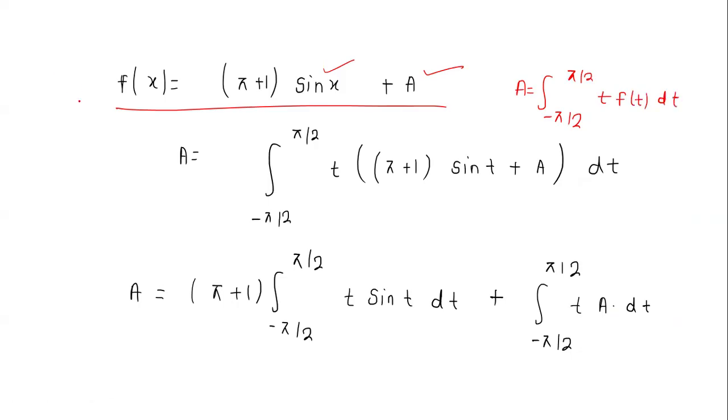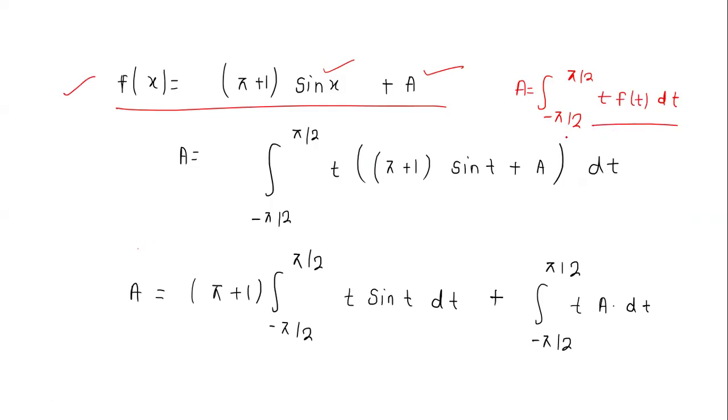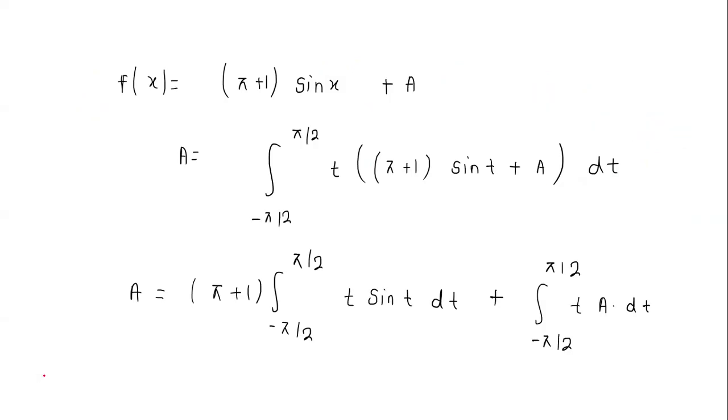So now we have this f of x function, which is this, and we know a is equal to this. So we can replace f of t by this function. We can replace in this way, like pi plus 1 times sin t plus a. So now we have this.